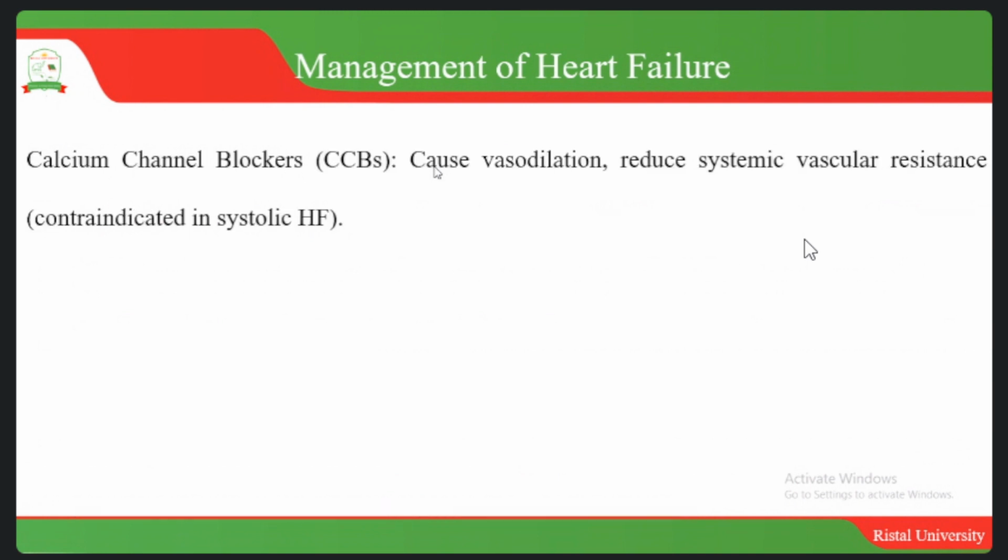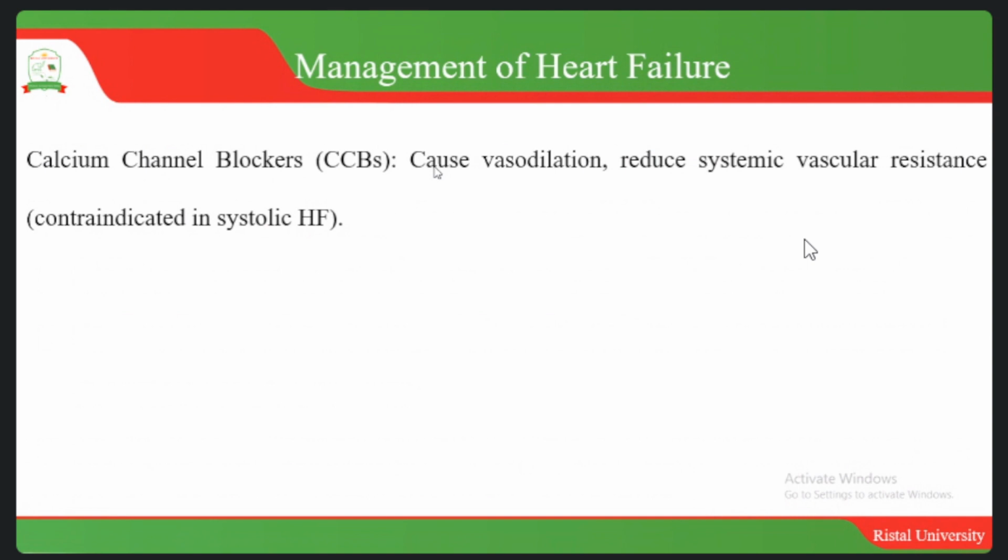Then calcium channel blockers cause vasodilation and reduce systemic vascular resistance. They are contraindicated in systolic heart failure. That's why we need to know the different heart failures that our patients have, so that we can know which drugs we should use in the management of our patients.